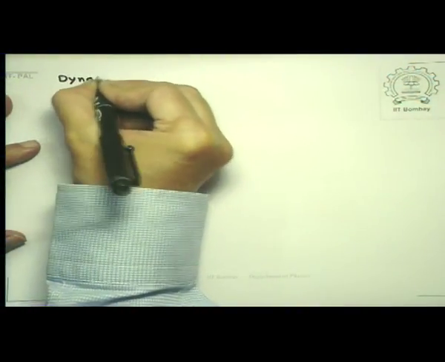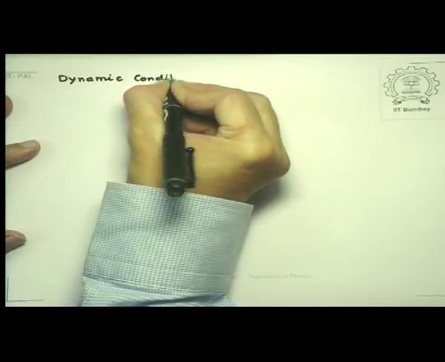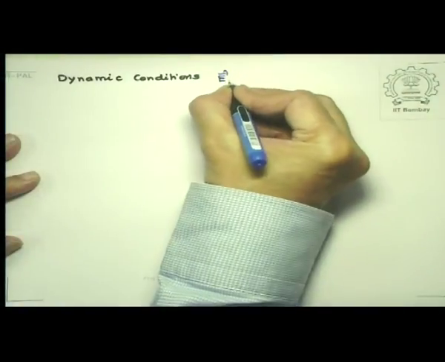So let us return to dynamic condition. Now we have seen that under dynamic condition, the electric field inside need not be 0. So let us say E inside is not equal to 0.